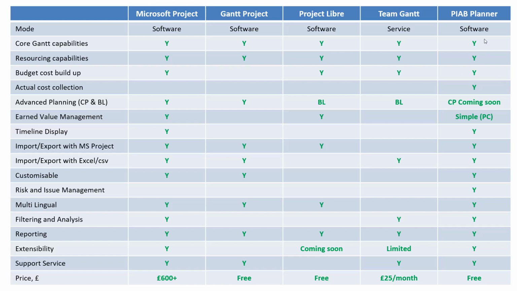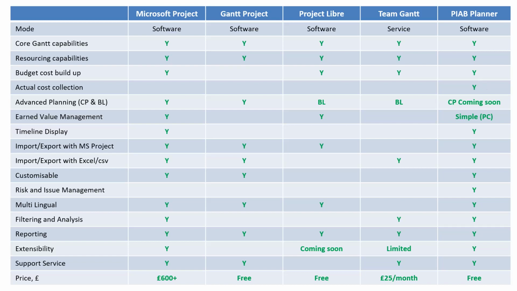So coming down here, we've got a pretty good coverage of ticks, core Gantt capabilities and resourcing capabilities. Yes, of course, we don't do the same number of resourcing application models that Microsoft Project does, but nobody does. We do cost build-up, and we also do actual cost collection, so you can fill in essentially like a timesheet for your tasks, recording the time that's actually been spent on them and the amount of fixed cost that's actually been expended as you're working through the tasks.